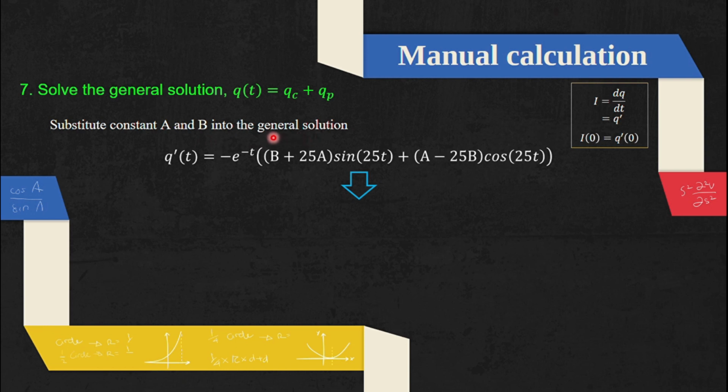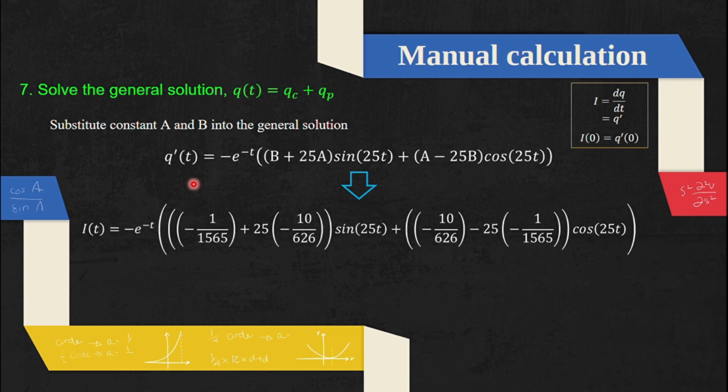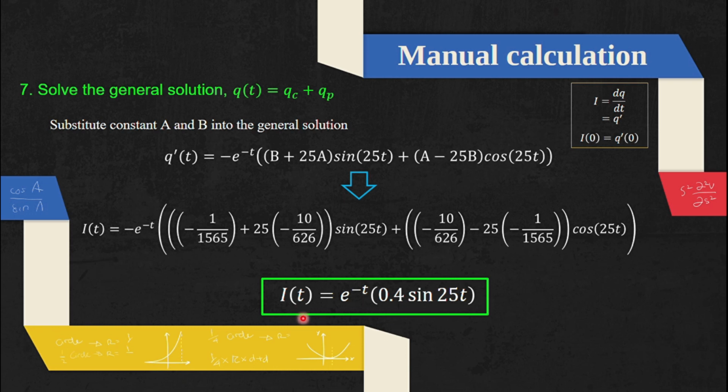Question 6 wants it in terms of I. Therefore, use the correct equation and substitute the constants and we get the final answer of I equals e to the power of negative t times 0.4 sin 25t.